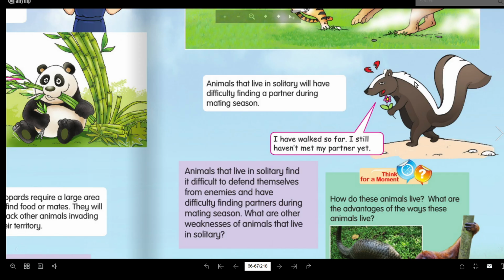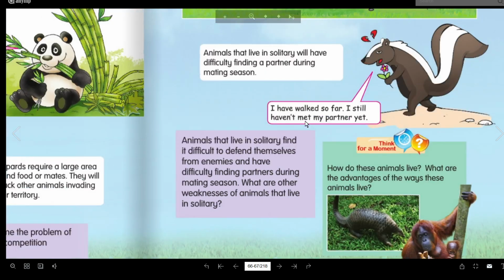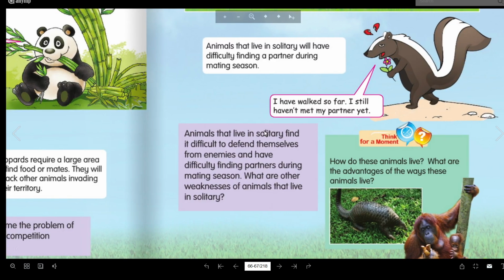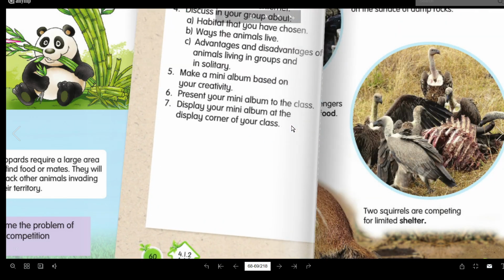Like here, I have walked so far, I still haven't met any partner yet. So the ones that live alone find it difficult to defend themselves from enemies, right? So this is the third disadvantage.